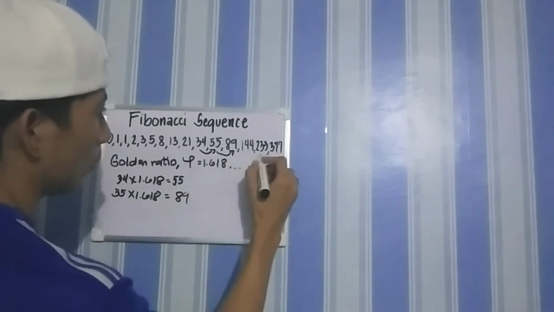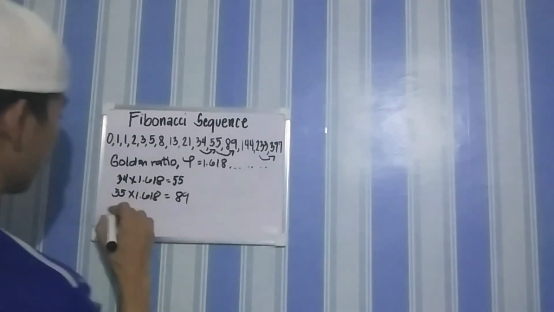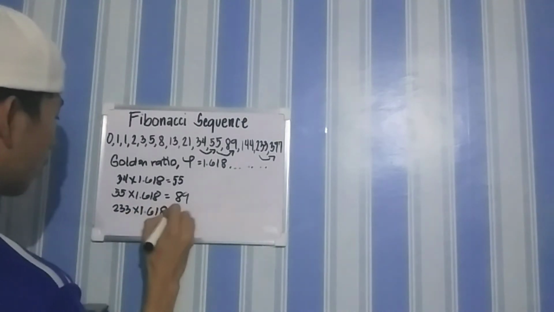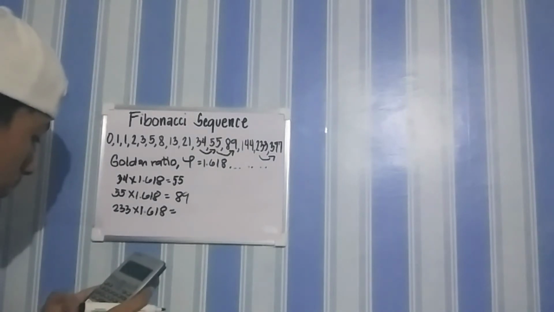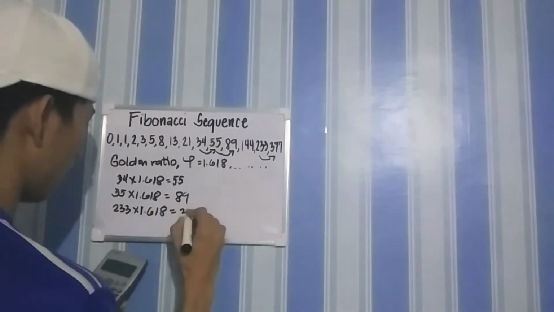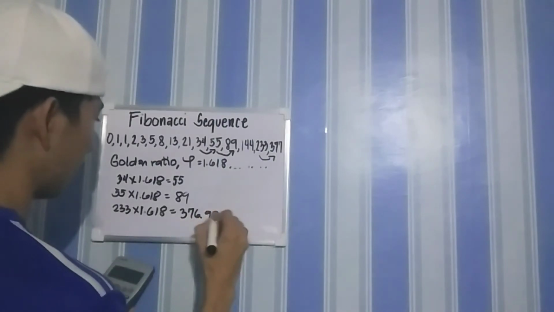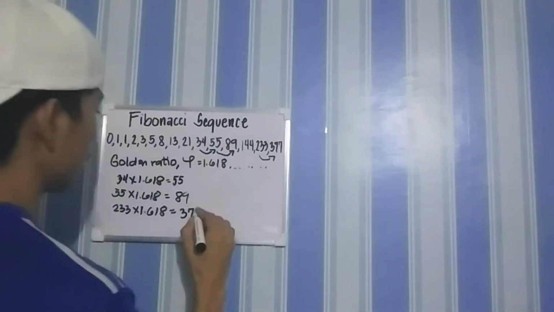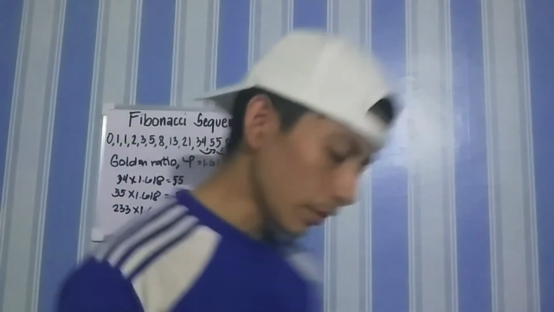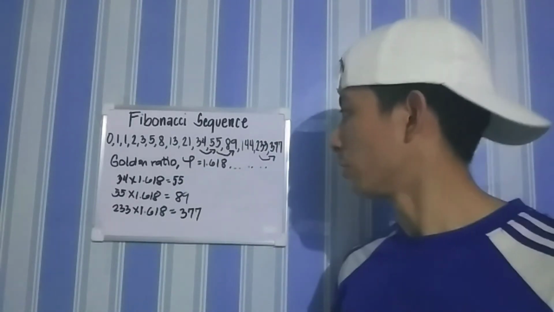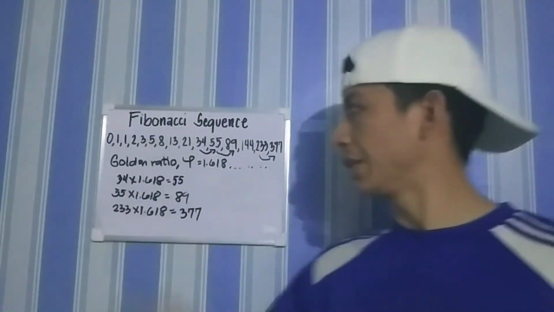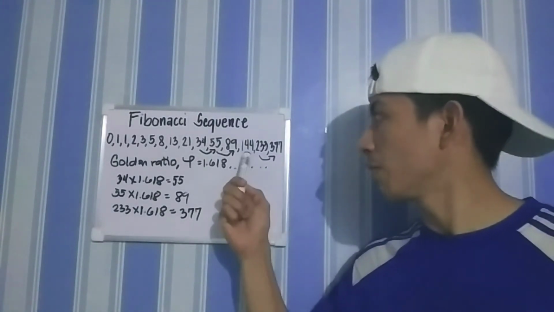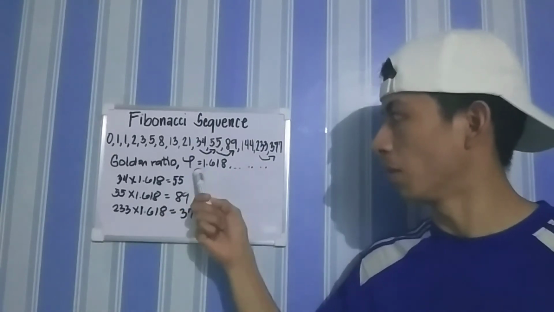So let's say 233 times 1.618. 233 times 1.618 is equal to 376.994, or rounded up, 377. You can prove that on your own, guys. So as I said earlier, the golden ratio is one of the steps for us to determine the next number by multiplying the previous number by 1.618, the value of our golden ratio.